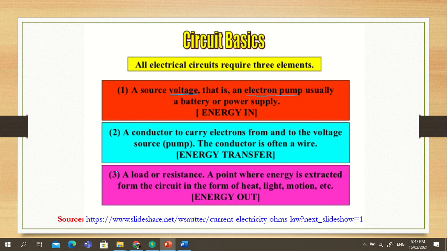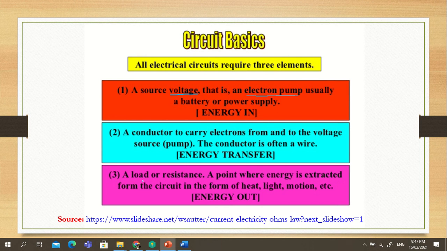And then the third element is what we call load, or resistance. Don't be confused, because in your higher subject related to electricity, the term that is used more often is load.